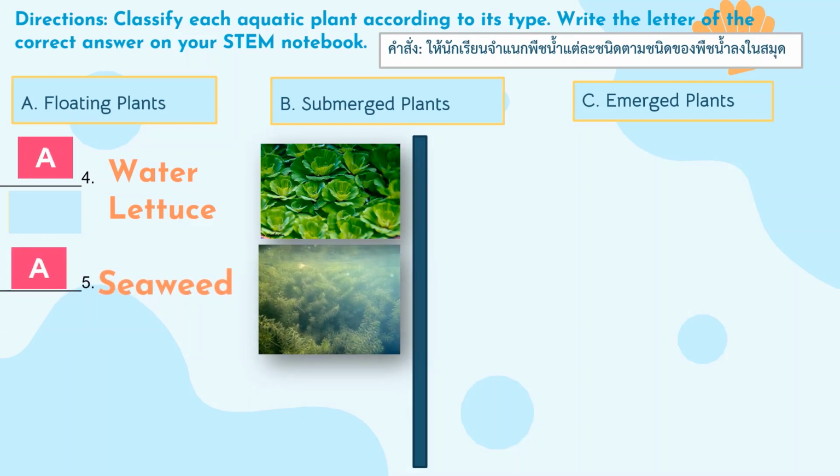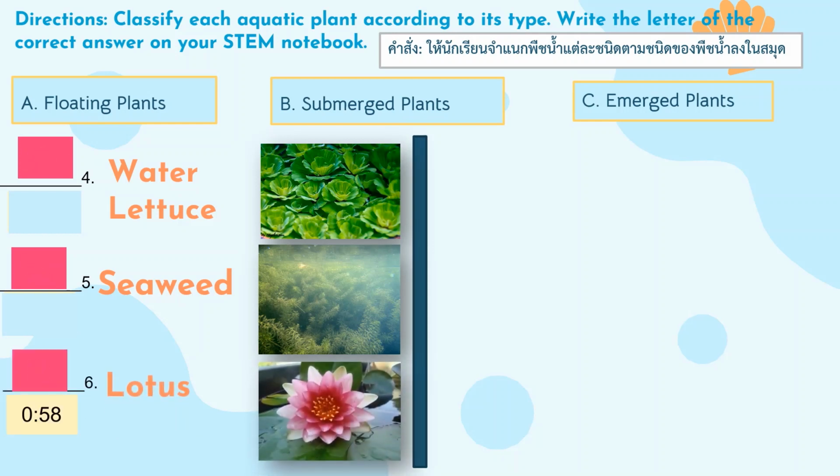Number 5, seaweed. Is it A, B, or C? Number 6, lotus.